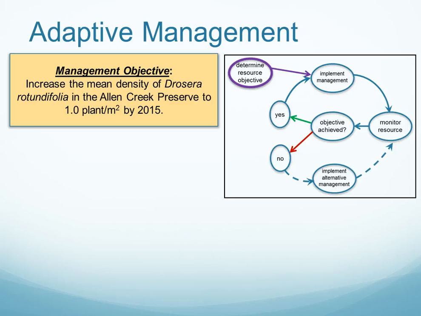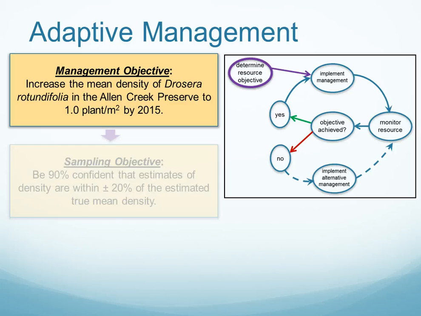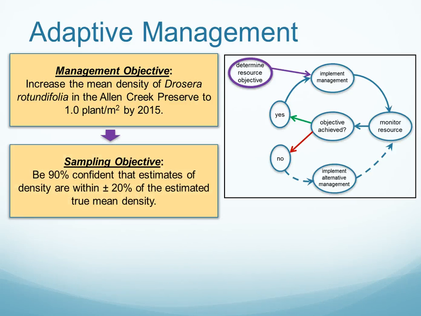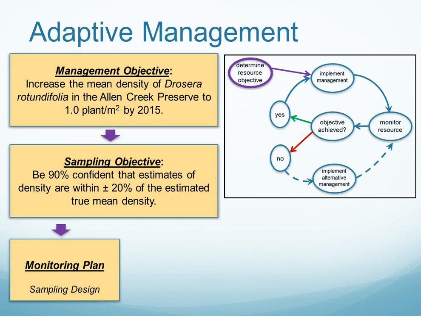We state our management objective, which clearly states the desired condition for the attribute of interest. And we then follow that with a sampling objective that clearly states the desired precision and confidence that we want in our estimate.